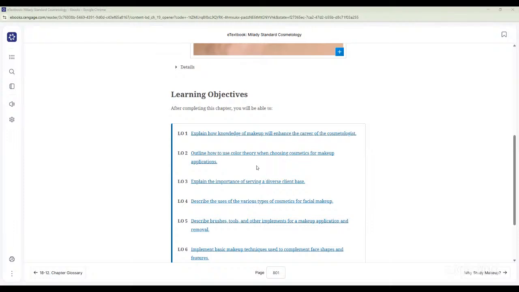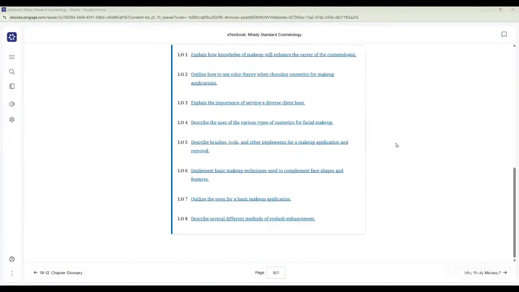Our lesson objectives: 2, you're going to outline how to use color theory when choosing cosmetics for makeup applications. Also explain the importance of serving a diverse client base, describing the use of various types of cosmetics for facial makeup. So actually put some name to some different cosmetics. 5, you're going to describe brushes, tools, and other implements for makeup application and removal. 6, you're going to implement basic makeup techniques used to complement face shapes and features.